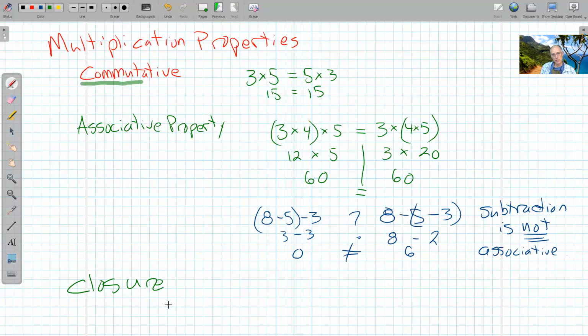And closure in this case means if you take a whole number and you multiply by another whole number, the result is still going to be a whole number. And it turns out that multiplication does have this property. Any two whole numbers you multiply lead to another whole number. That's not true with subtraction. It is true with addition.